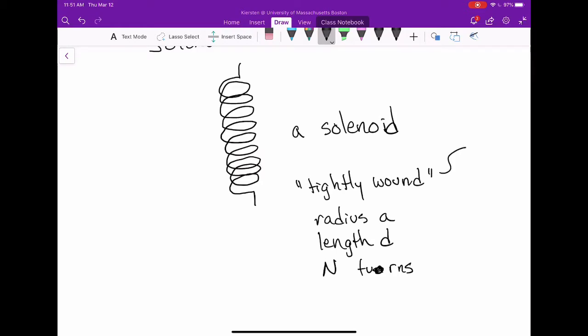One of them is the magnitude of the magnetic flux density B inside is constant. And B is directed along the axis of the solenoid, like that.